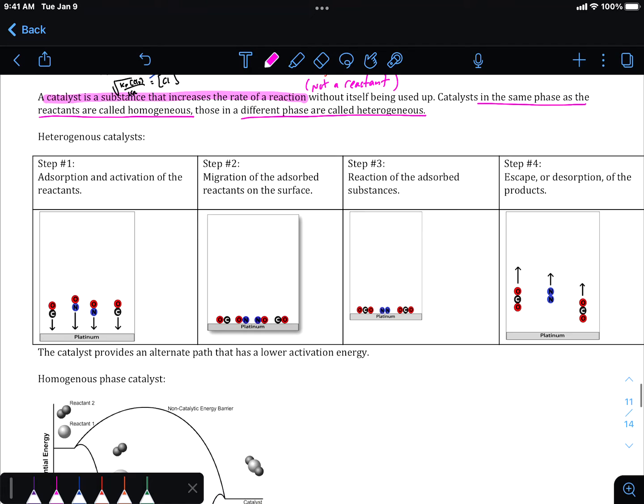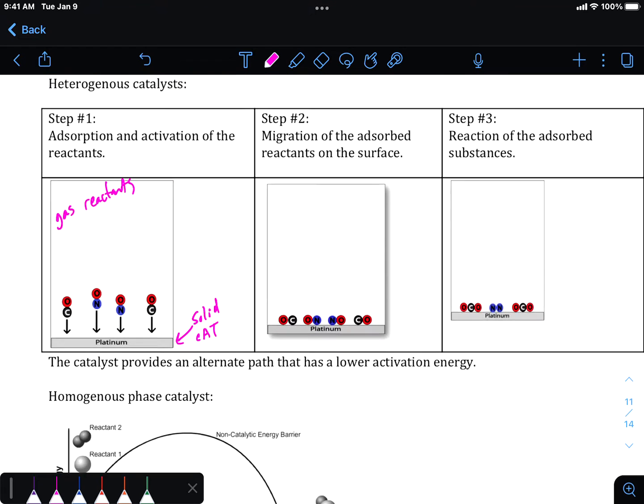So in this example here, our reactants are gas, and our catalyst is solid. All right, so the catalyst in use is platinum.